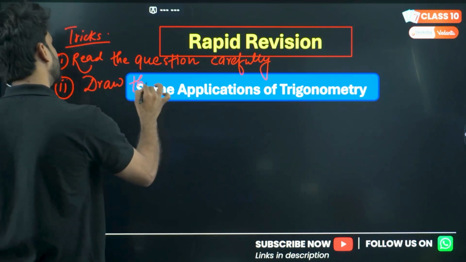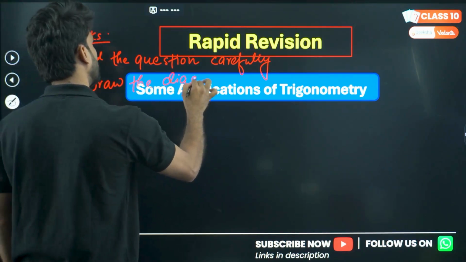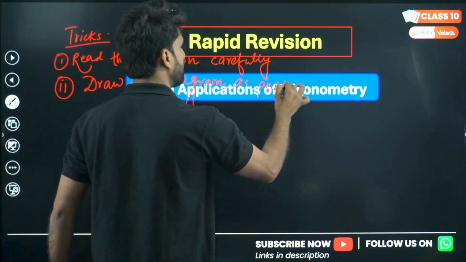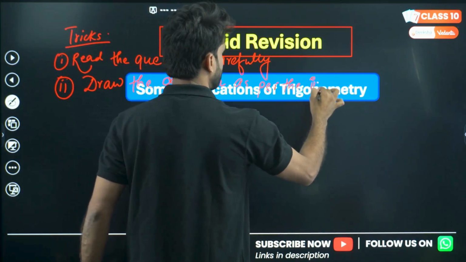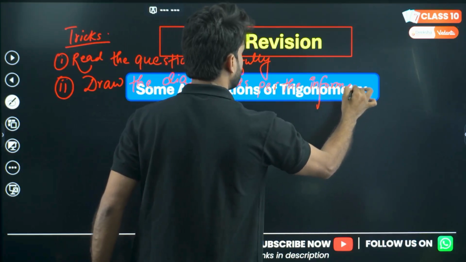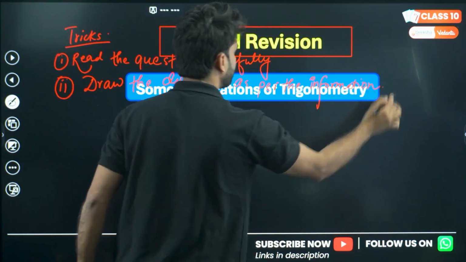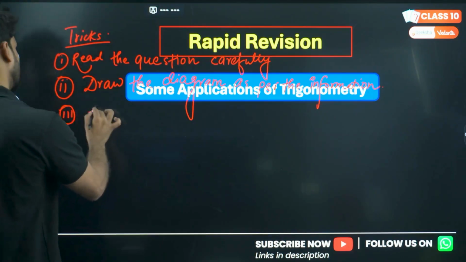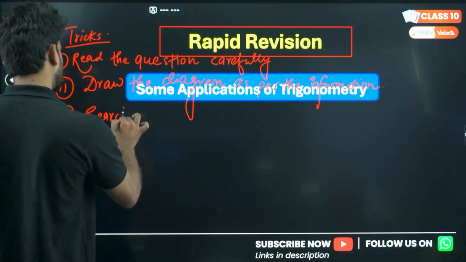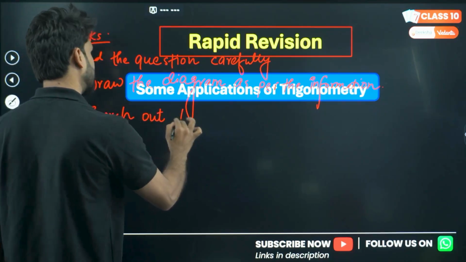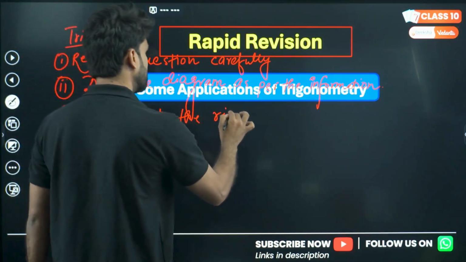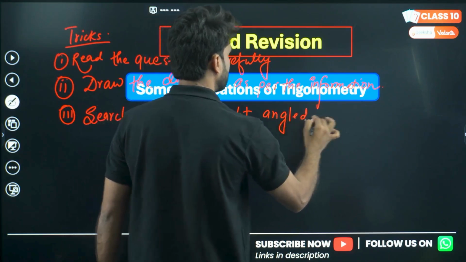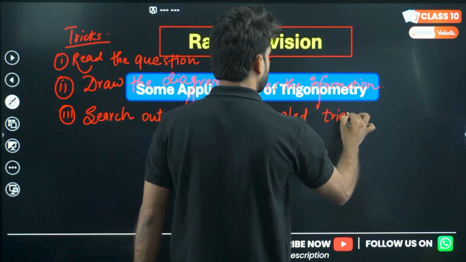Draw the diagram as per the information. Right. Third thing, search out the right angled triangle.